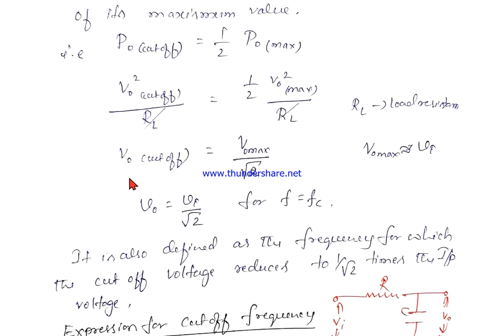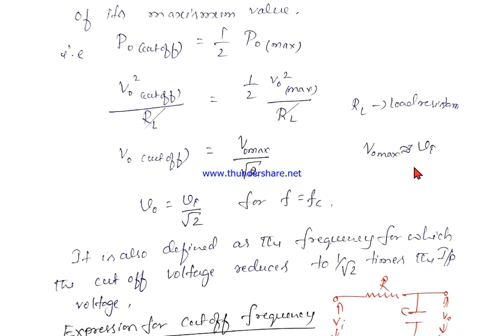So the output cutoff voltage will be equal to, RL gets cancelled, and taking the square root, 1 over root 2. So V0 cutoff is equal to V0 maximum divided by root 2.